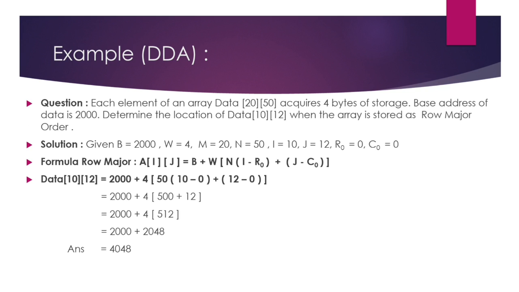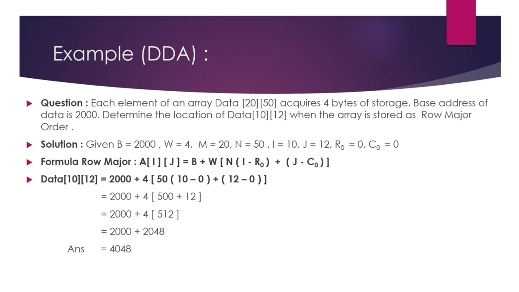Base address of data is 2000, means our B is 2000. Determine the location of data[10][12], means you have to find the address of [10][12], means I and J: I is 10, J is 12.